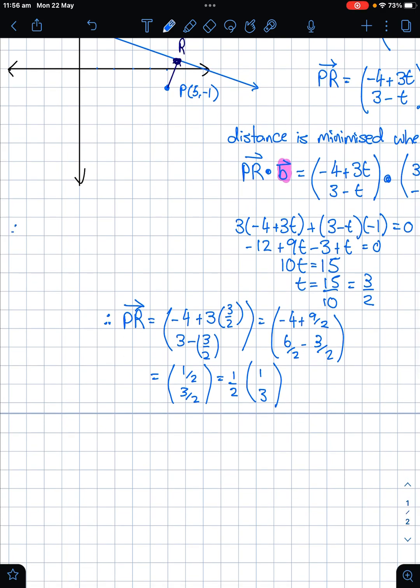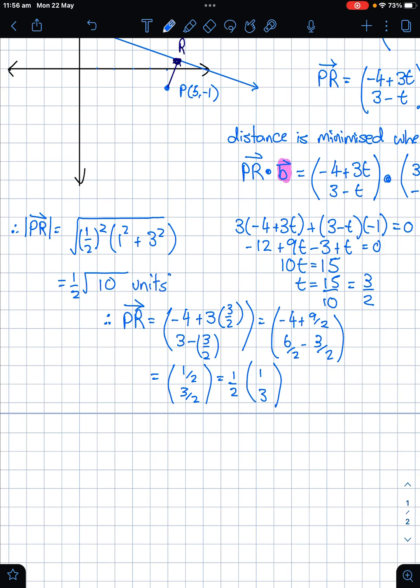Okay, so therefore, we're looking at PR, the absolute value of it, or the length, will be a half square root of 1 squared plus 3 squared, and 1 squared plus 3 squared is 10, so it's root 10 units long in that space.